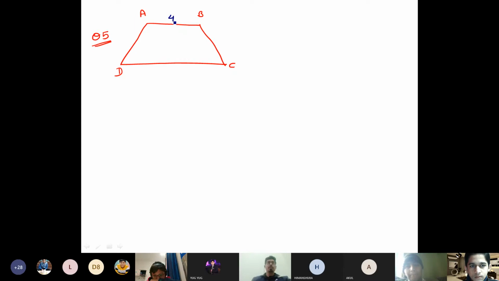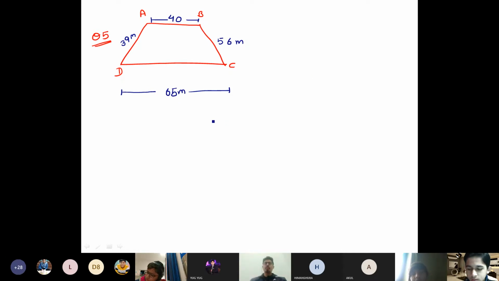So the length of AB is 40, and the length of CD is 65 meter. And the non-parallel sides are 39 and 56, so let us assume that this is 39 meter and this is 56 meter. Now we have to find the area.